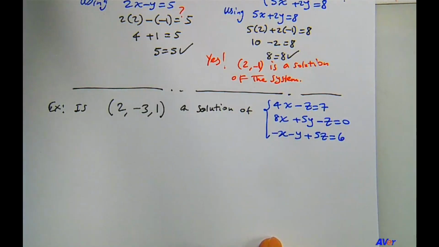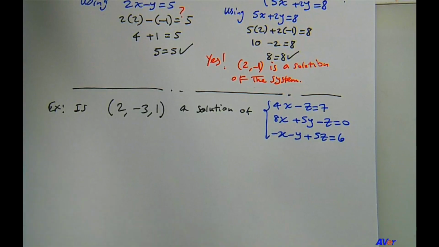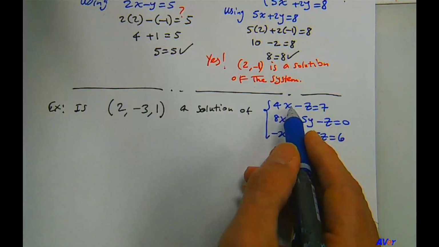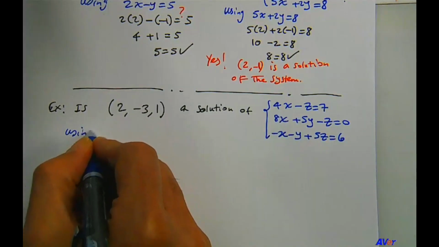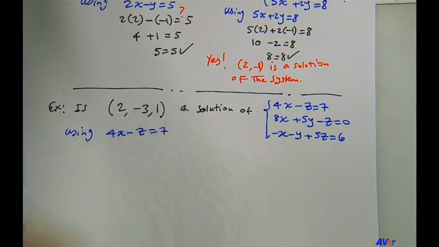So at this point, it would be a good idea for you to pause the video, check this point on your own to see whether it's a solution or not, then come back to the video and watch the rest of this. Okay, so I'm assuming you've done that and now you're back. So I'm going to start with the first equation, using 4x minus z equals 7.